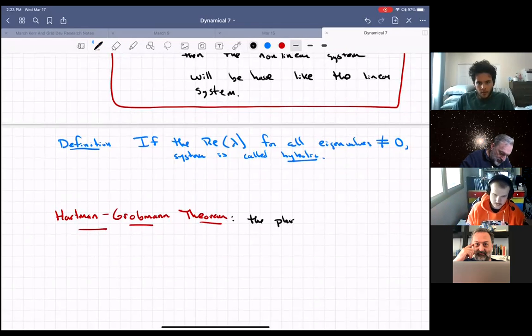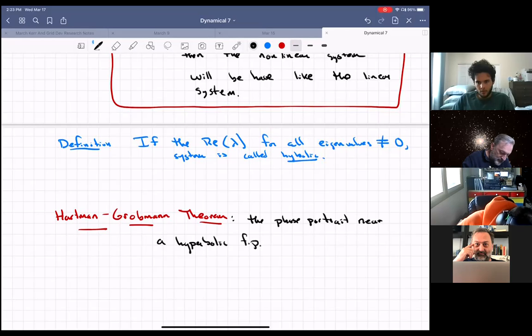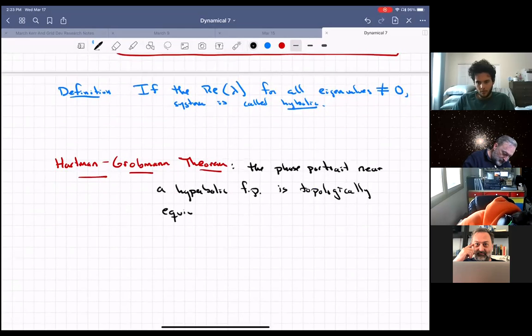And then the Hartman-Grossman theorem says the phase portrait near a hyperbolic fixed point is topologically equivalent to the phase portrait of the linearized system.